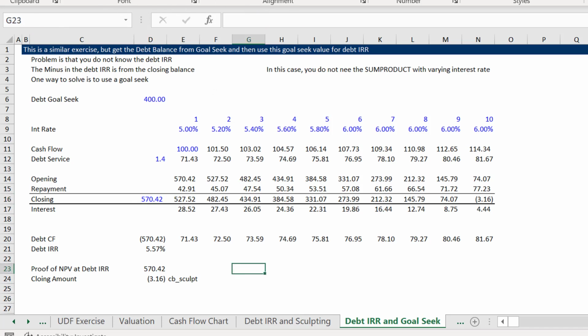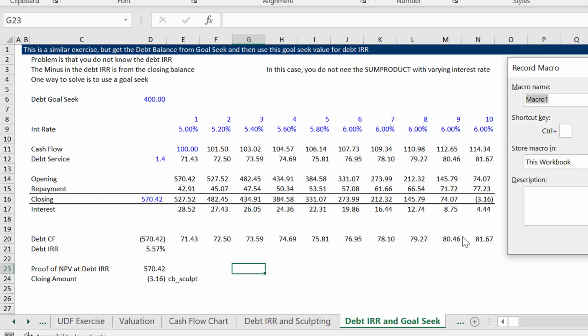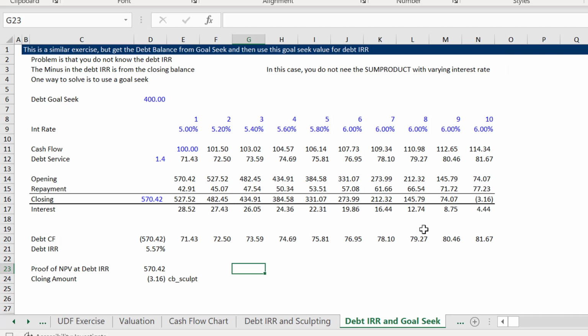So now let's start recording a macro, and I'll put it sculpt goal, something like that. Okay, whatever. And I say whatever too much, I think.